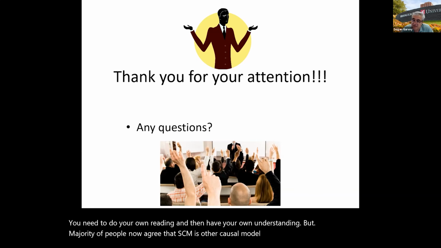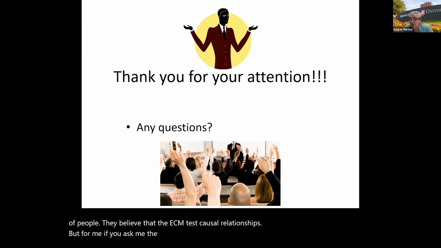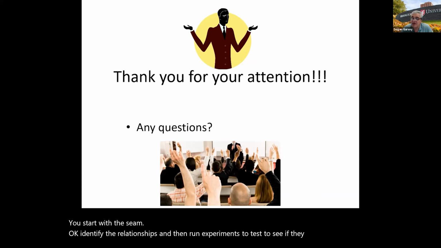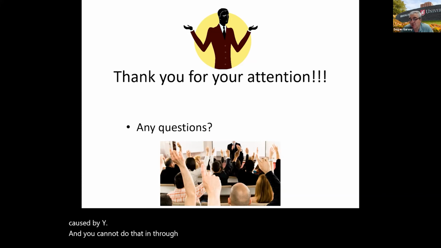But there is still a large group of people who believe that SEM tests causal relationships. For me, if you ask me, you have to do experiments. That's what we do. You start with SEM, identify the relationships, and then run experiments to see if X is caused by Y. And you can only do that through experiments, because you have to control more of the variables.